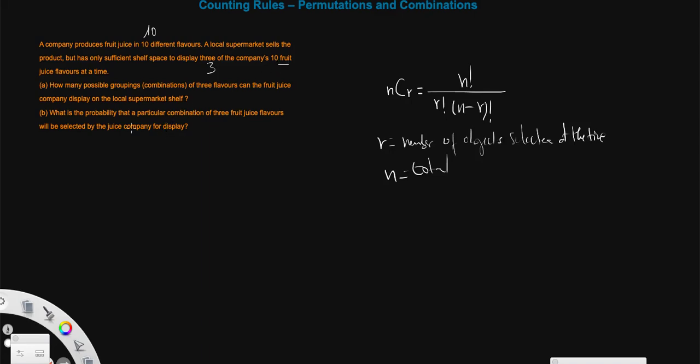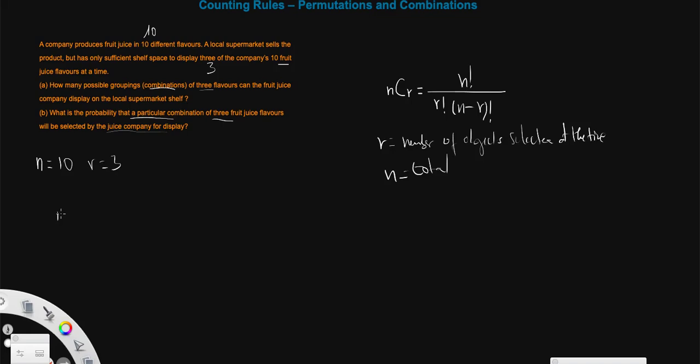How many possible groupings, combinations now, of the 3 flavors can the juice company display at a local supermarket? And what is the probability that a particular combination of the 3 juice flavors will be selected by the company? Okay. So first thing, we know that our n here is 10 and our r is 3.